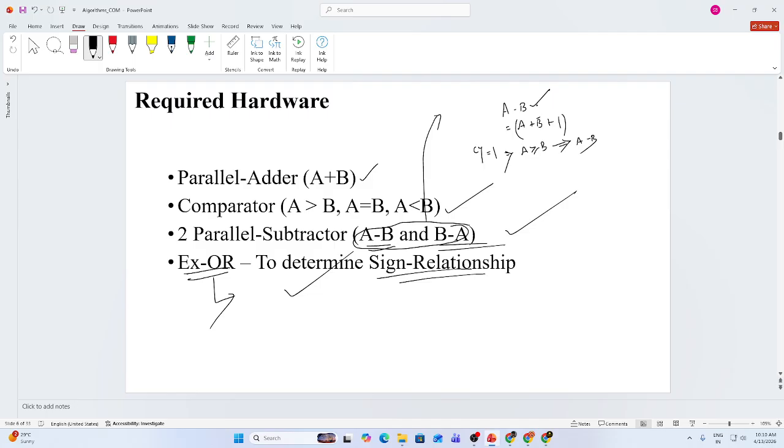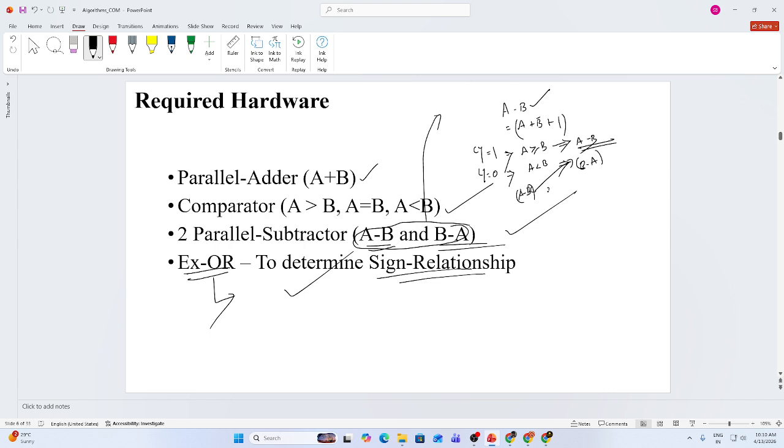Very good, I already did a minus b. But if the end carry is 0, what is the meaning? A is less than b. So here I want to do b minus a, but I did a minus b. How to get b minus a from a minus b?